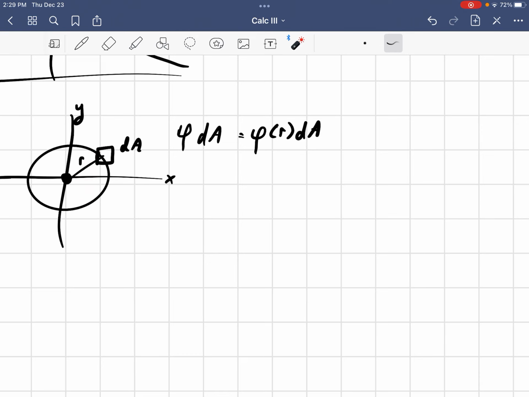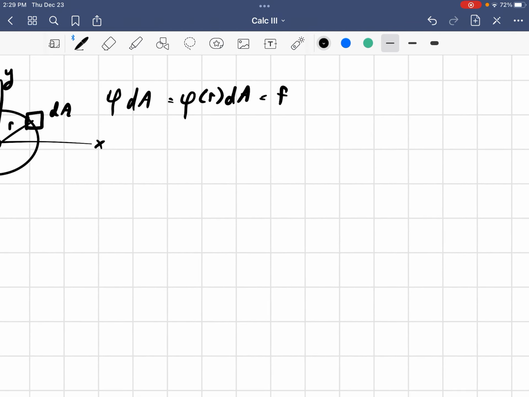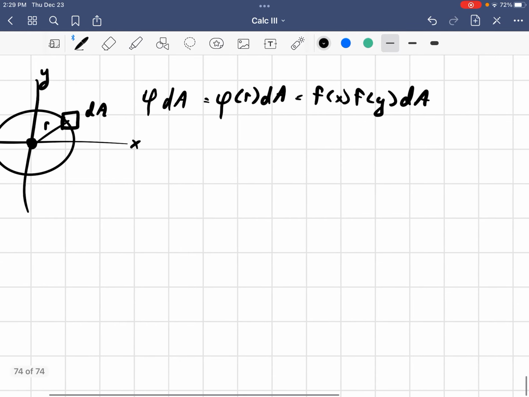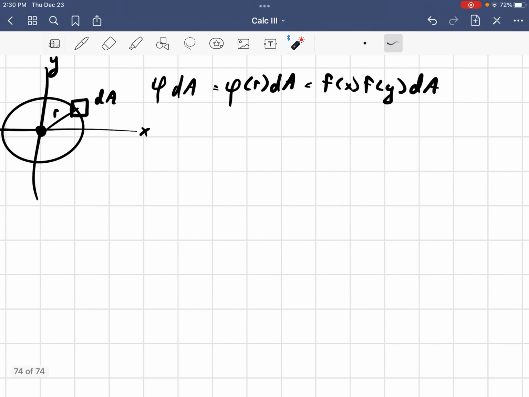In other words, the x direction does not impact the y direction's density of darts, or vice versa, right? They're independent of one another, and that seems like a reasonable assumption to make, right? And so what I'm going to say is that this is equal to f of x, f of y, dA. Where f is some other probability density function that works just in 1D, which is what we want, right? Because the Gaussian curve is a single variable function, right?